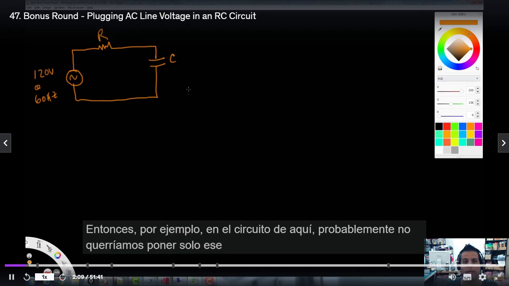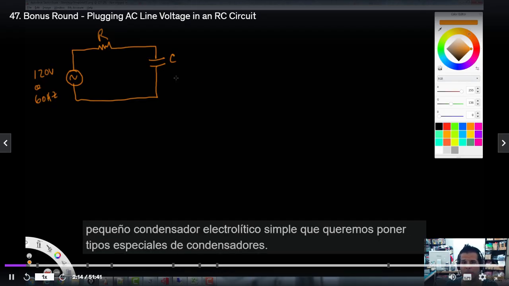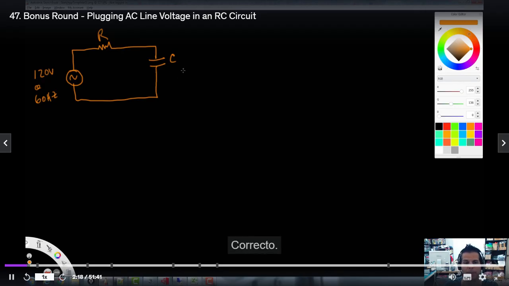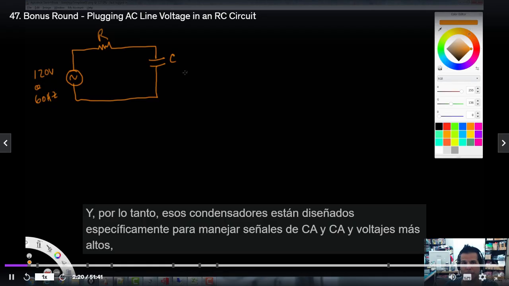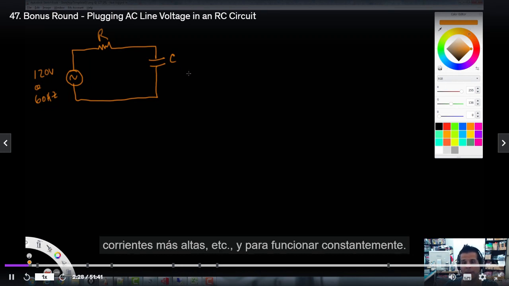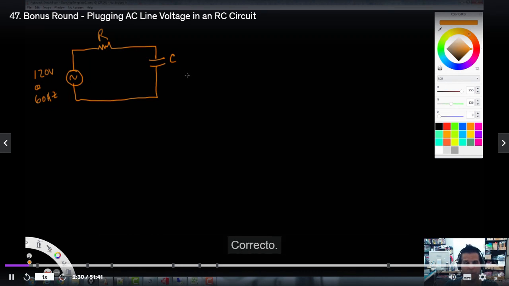So for example, in this circuit right here, we probably wouldn't want to put just a simple electrolytic capacitor. We want special kinds of capacitors, all right? Those capacitors are specifically designed to deal with AC signals and higher voltages, higher currents, and for operating constantly, right?